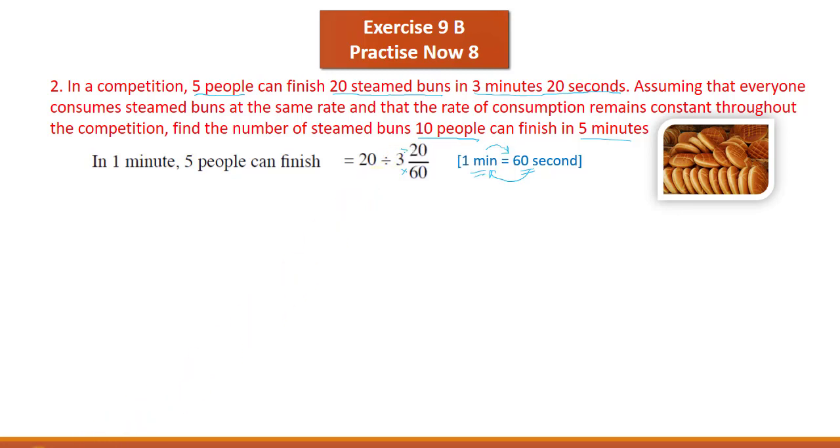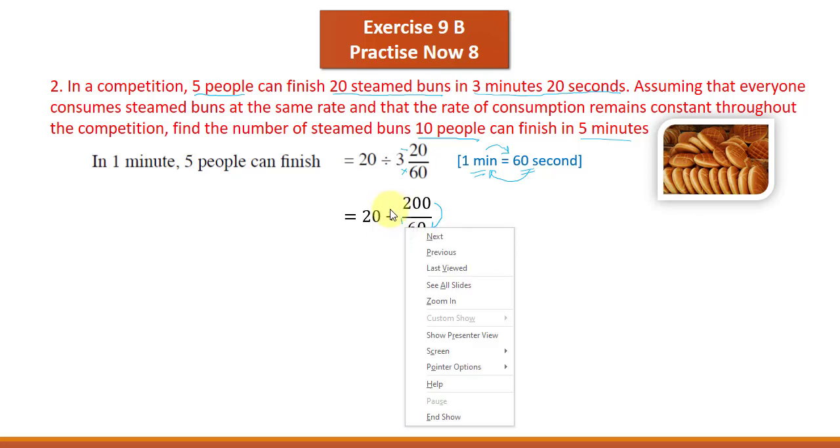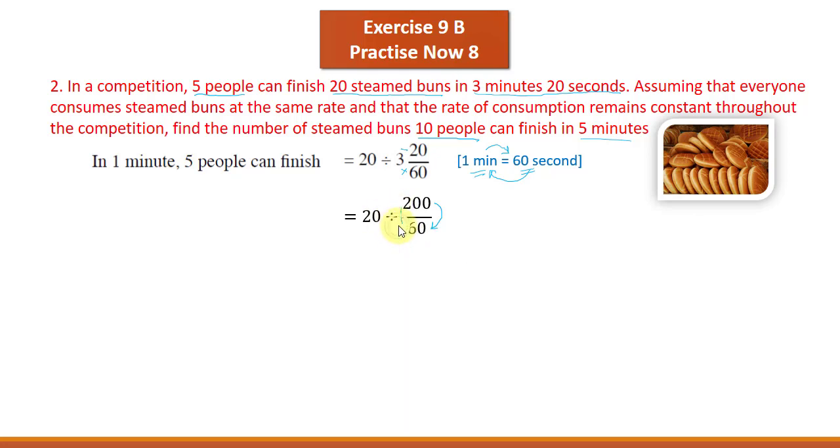So in our next step, we get 60 times 3 plus 20, that will be 200 over 60. So 20 divided by 200 over 60. Now in the next step, we convert this division sign into multiplication, and the fraction will be reciprocated, which means the numerator becomes the denominator and the denominator becomes the numerator.